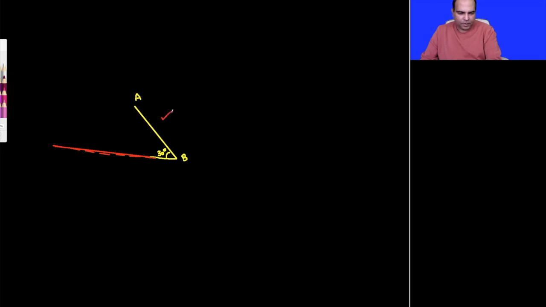AB is defined, let's say as 5 centimeters for you, and angle B is defined as 30. So C can be anywhere on this locus of points. It can be here, it can be here, it can be here.